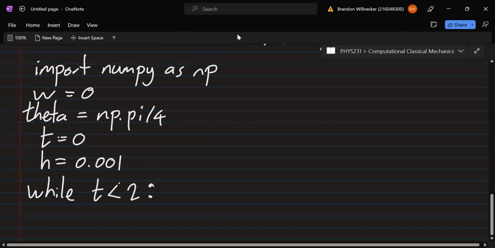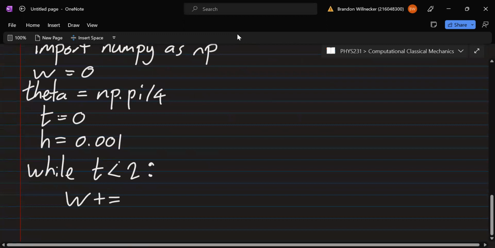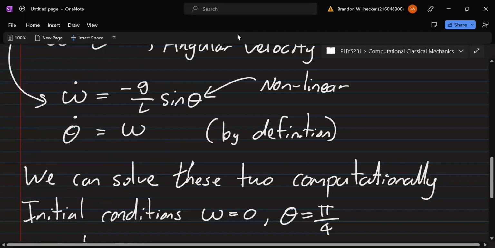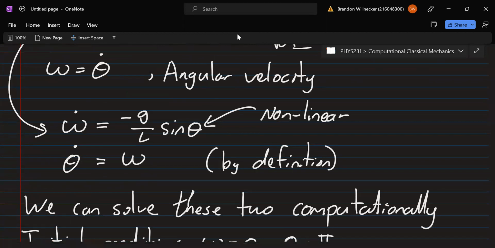So let's update our w. w plus equals, remember it's omega. Omega is theta dot, so we update omega by multiplying by theta times dt.